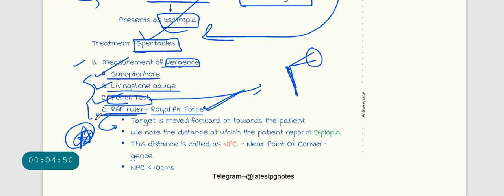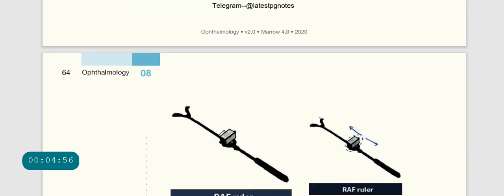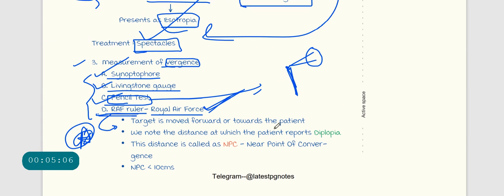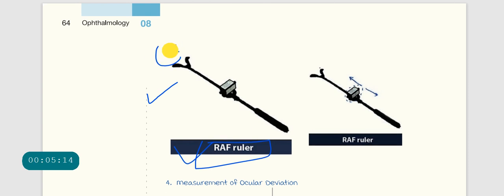You can see this gadget, this is the RAF rule. The person who is being tested has to hold this gadget, and one of its ends is placed around the eye, and the other end is held by the patient.